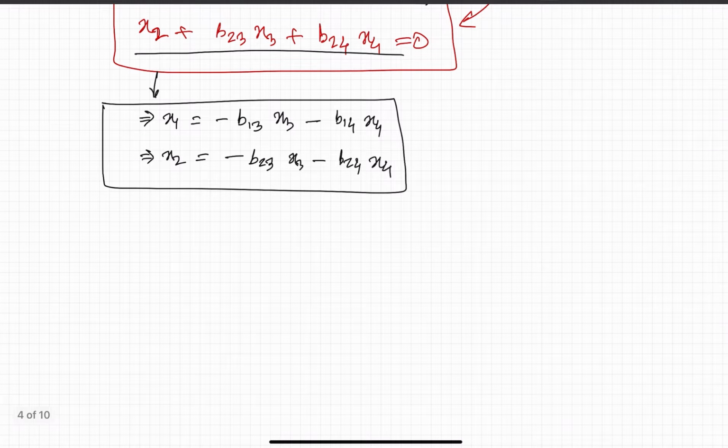From these two equations we can see that if we take any value of x3 or x4, we can get values of x1 and x2.